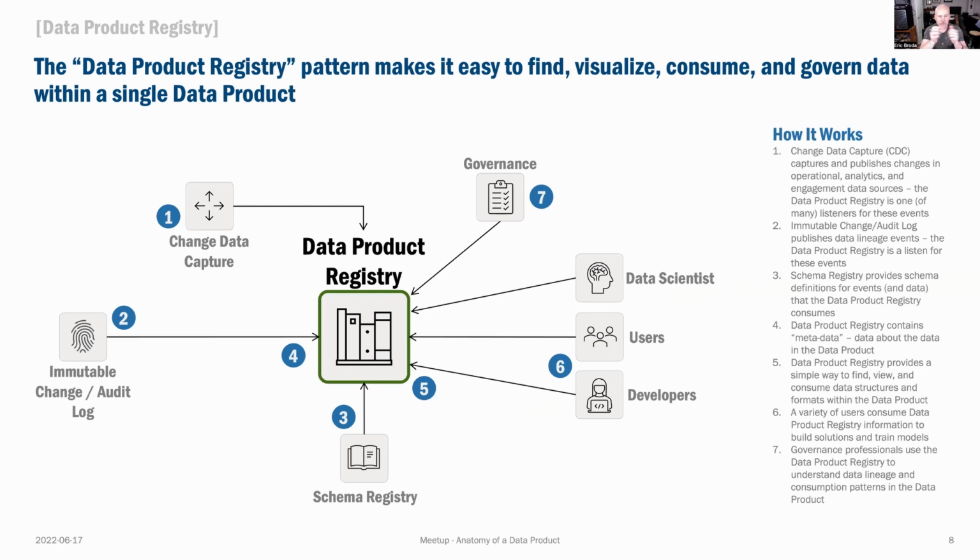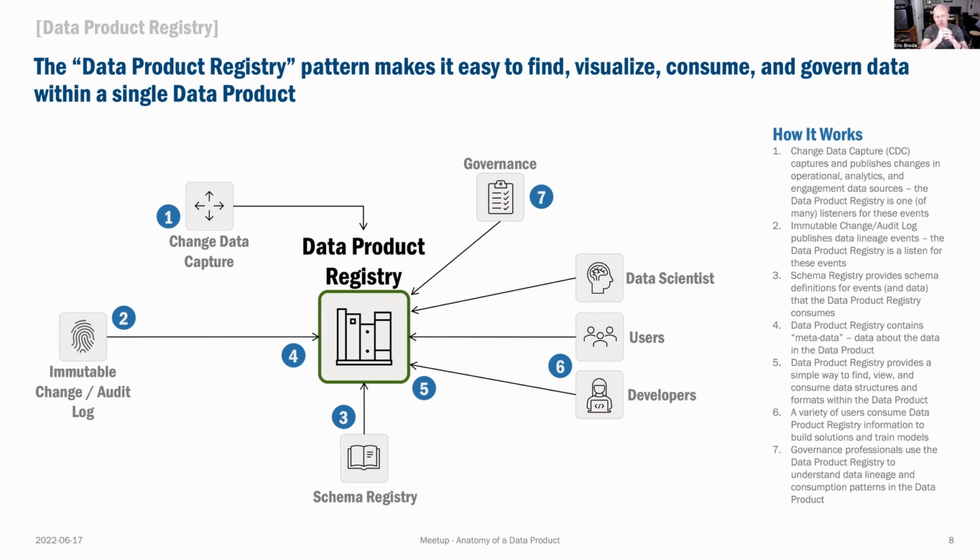The concept is that the data product registry is the thing that's inside a data product. In other words, a data product, to facilitate discovery, has to know what it has in it: the metadata, in other words the ownership, the security policies, the tables, the database structure, whatever the case may be. Each individual data product has a registry. In some cases there's a UX, a user interface, in front of that.